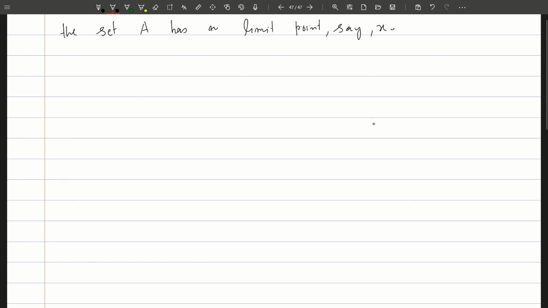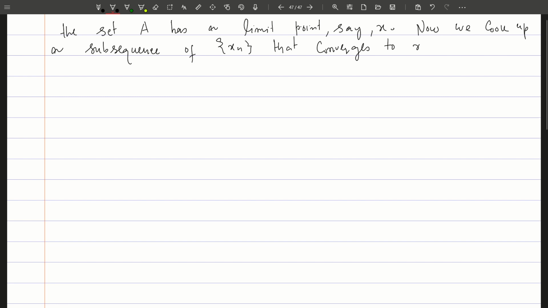Now we'll cook up a subsequence of the sequence xn that converges to x as follows.